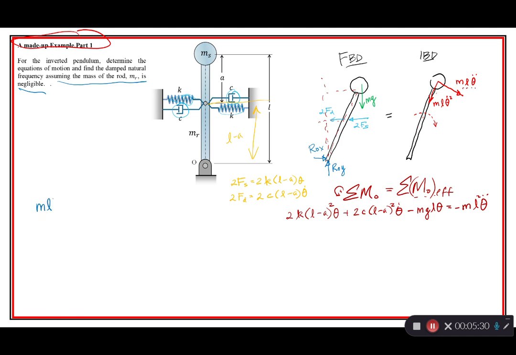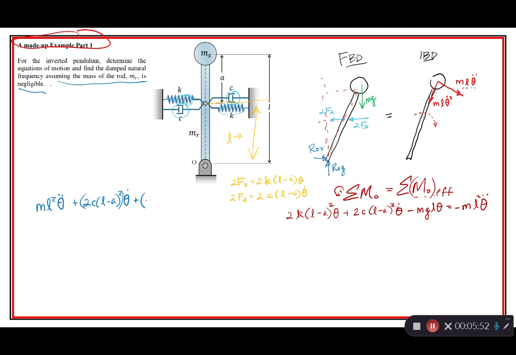And I'll write it twice. Plus 2c L minus a squared theta dot, and then plus, all right, so I should probably have put all that inside. It doesn't matter.